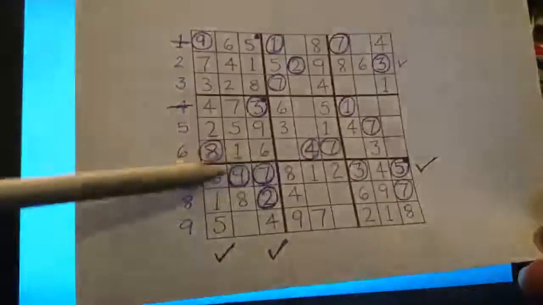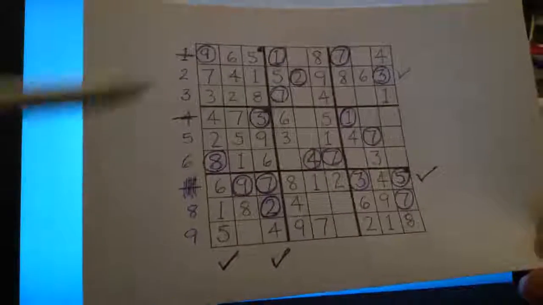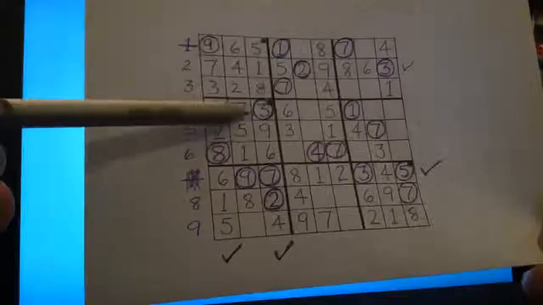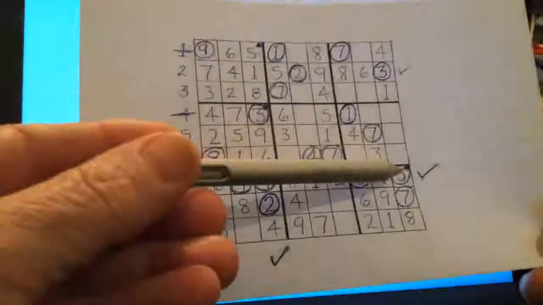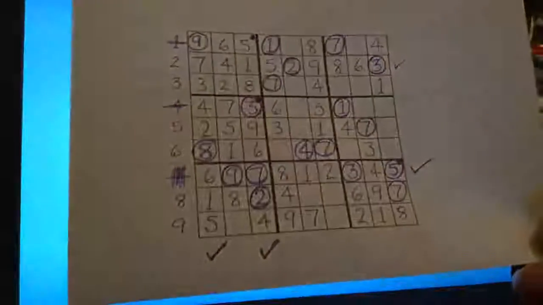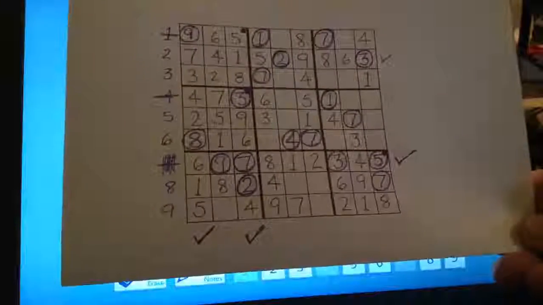You'll notice on this row I have a check mark because it is completed. On these two columns there are check marks because they are completed. On these three boxes, the top left, the left, and the bottom right, there's a little mark because they've all been successfully completed with the numbers 1 through 9.